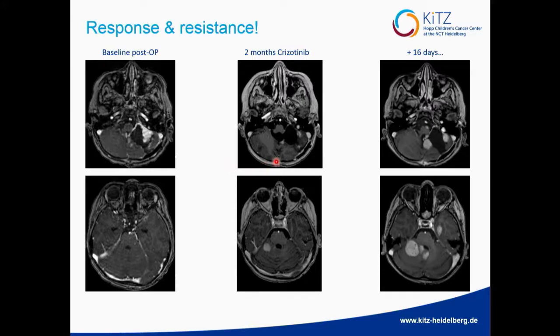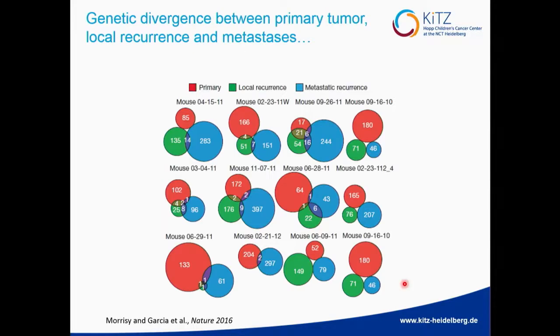And it was quite interesting to see that on the one hand, this quite big tumor completely melted away after 2 months of crizotinib, but on the other hand, at a different section of the MR, and I could show you more of these examples, new tumor manifestations arose that obviously did not have the MET fusion, indicating that there we have another problem where tumor heterogeneity is not sufficiently captured in looking into this one individual biopsy that we have done here.